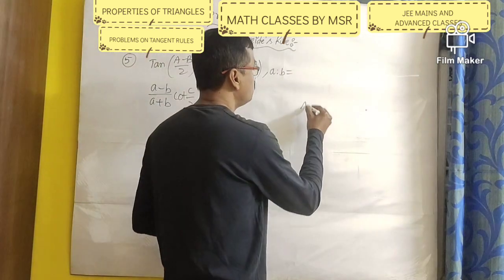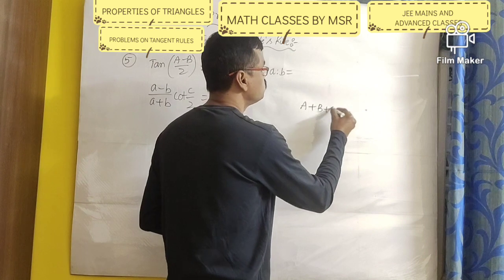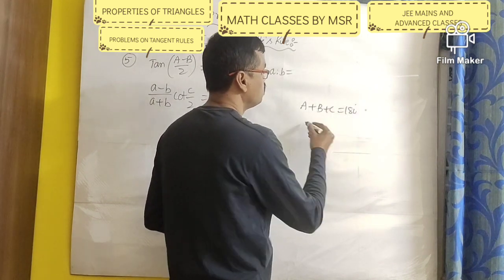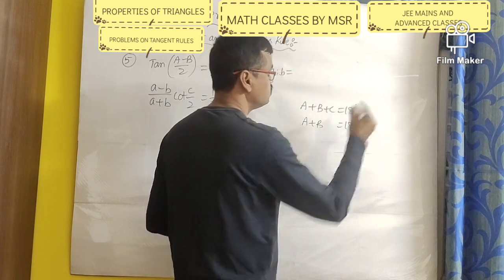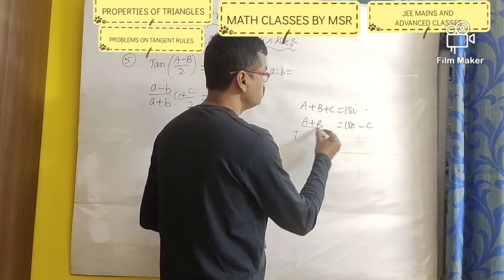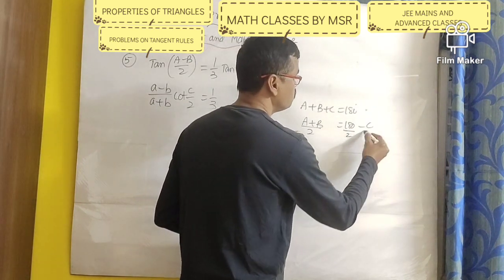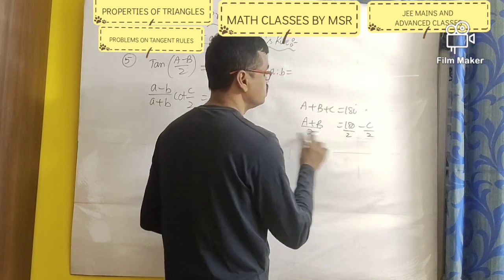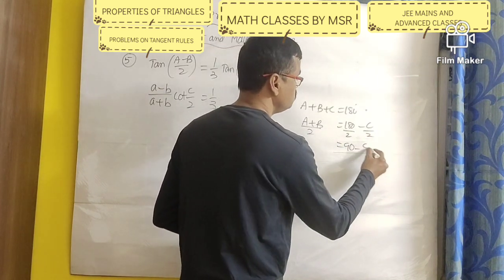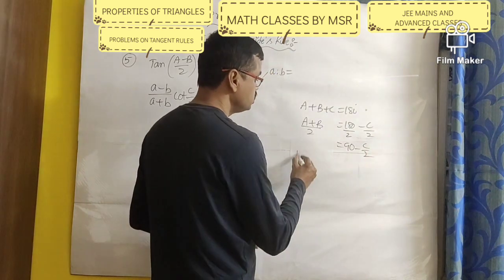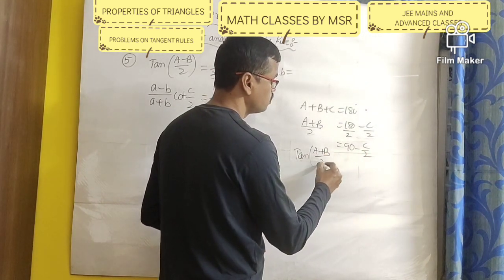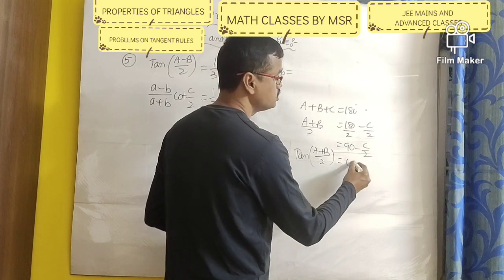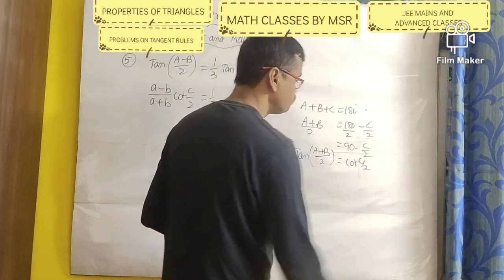What is the value? A plus b plus c is 180. A plus b is 180 minus c. Okay. (A plus b) by 2 is 180 by 2 minus c by 2, right? That is 90 minus c by 2. Okay. What is tan of (a plus b) by 2? Tan of (90 minus theta) is cot, so cot c by 2.